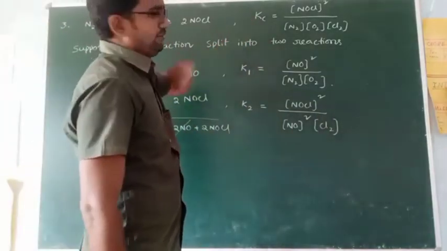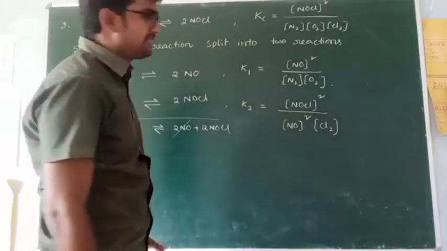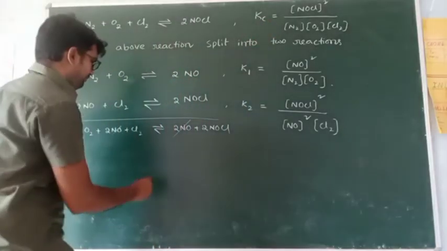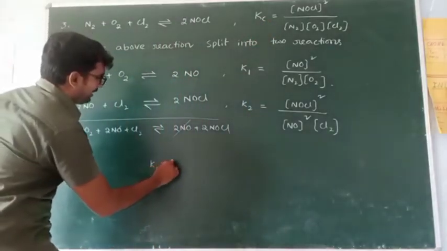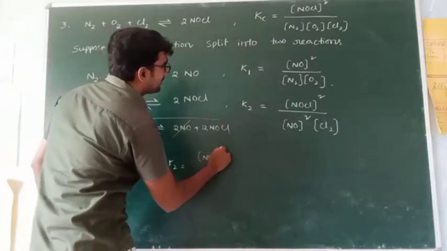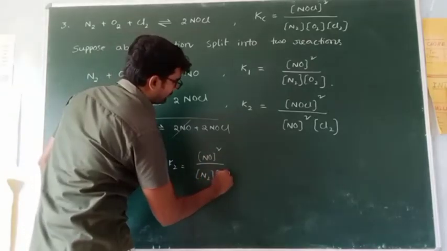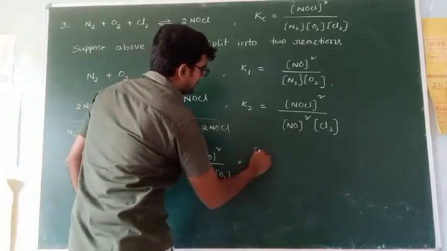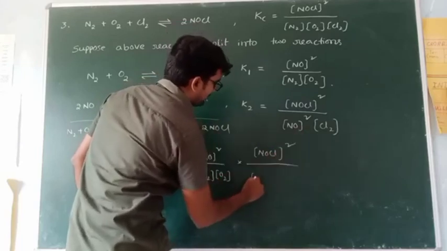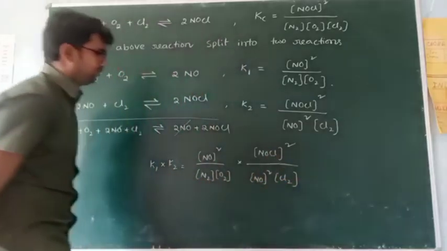We want the Kc value, but what do we have to do for these two? Very simple. Just multiply these two, you get this value. K1 into K2 means concentration of NO square by concentration of N2 into concentration of O2, into concentration of NOCl whole square by concentration of NO square into concentration of Cl2.